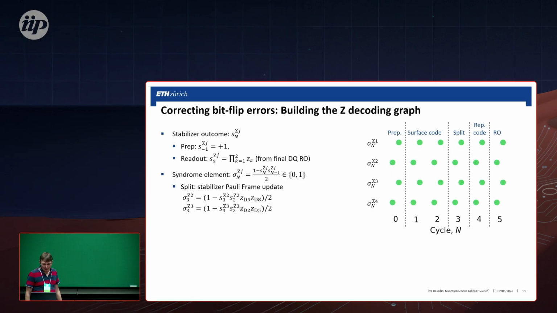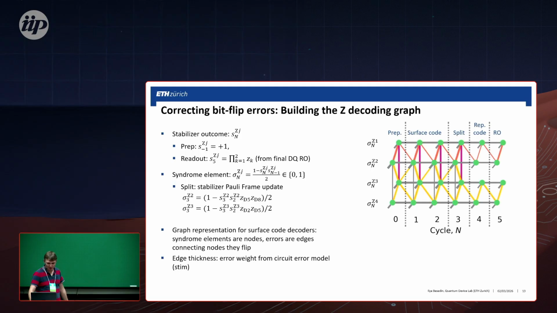And then we also have the split operation in between, where the content of the stabilizers changes. And so the definition of what is a syndrome element also needs to be Pauli frame updated.